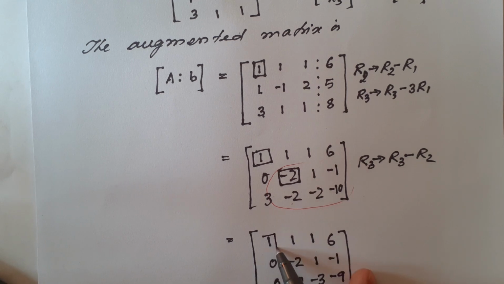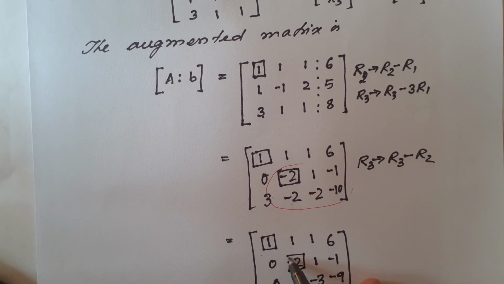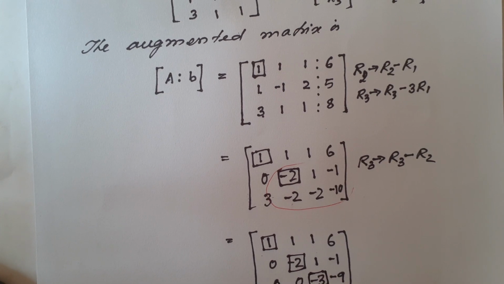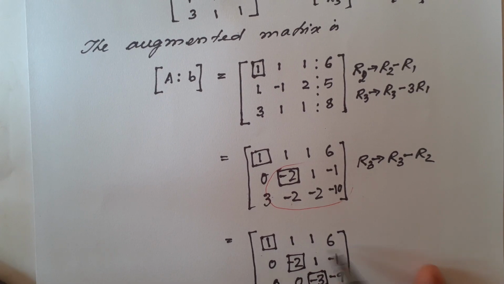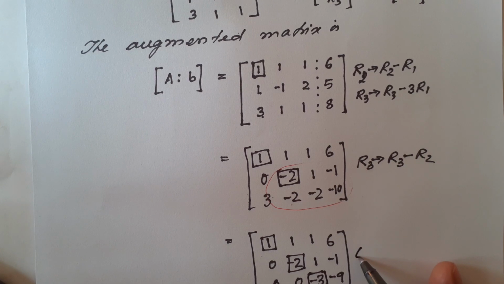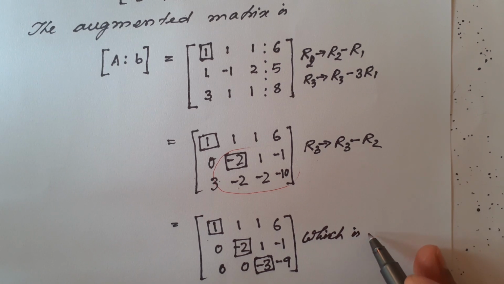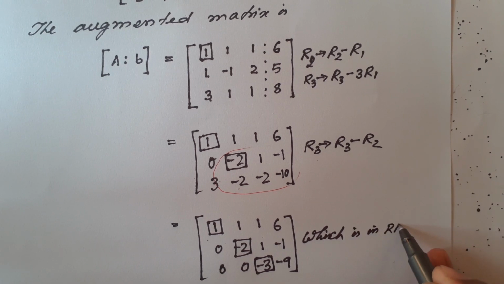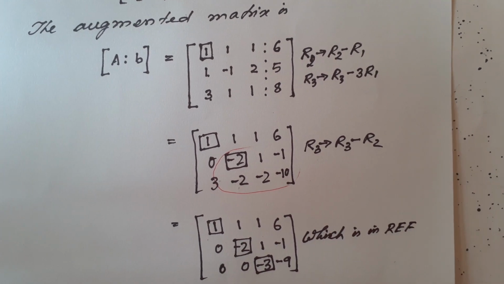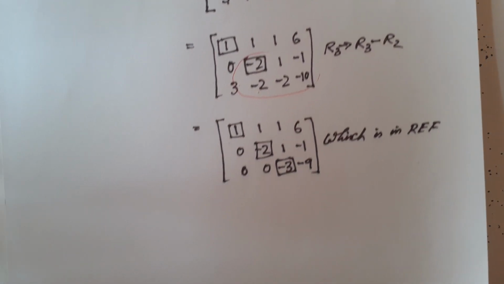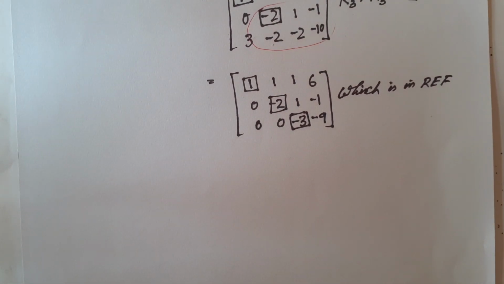So this is my first pivot, this is my second pivot, and you see that this is going to be the third pivot. So every row got its pivot, which is in row echelon form. So you got the row echelon form of the matrix. Now what to do?